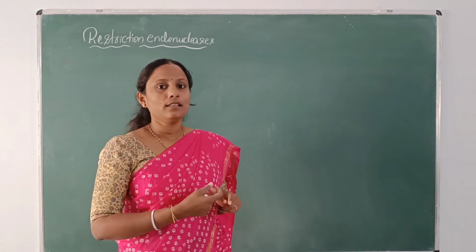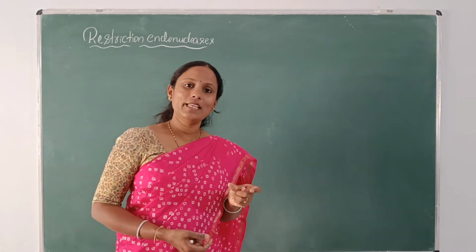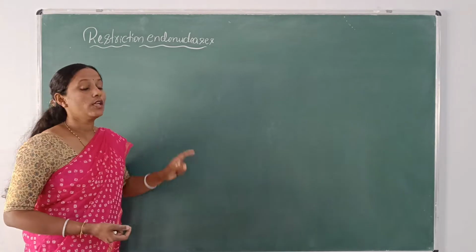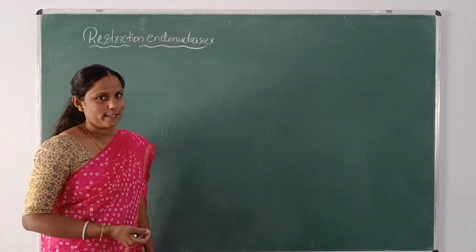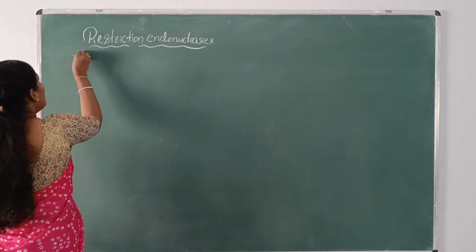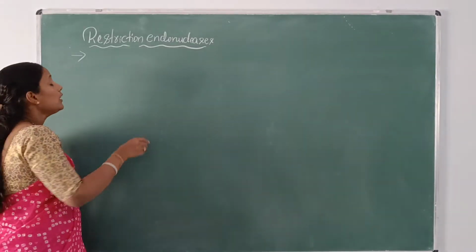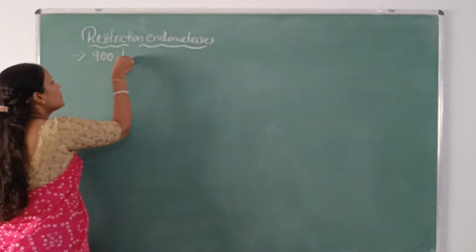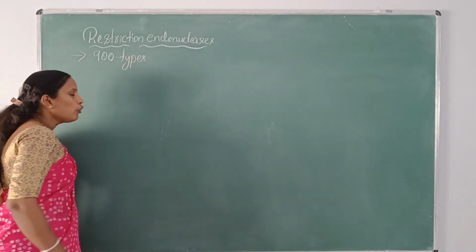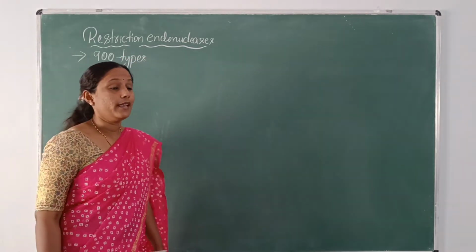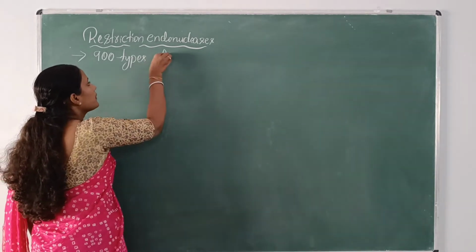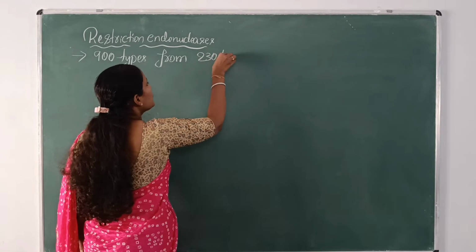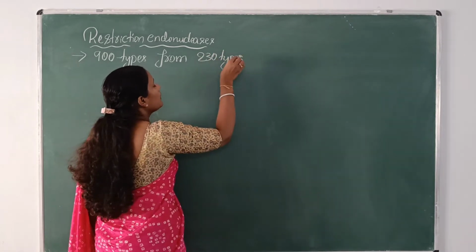And let us explore more information about restriction endonucleases. There are 900 different types of restriction endonucleases that have been isolated from 230 types of bacteria.